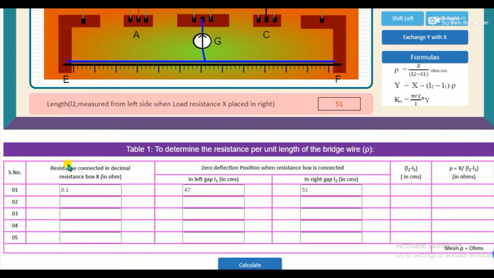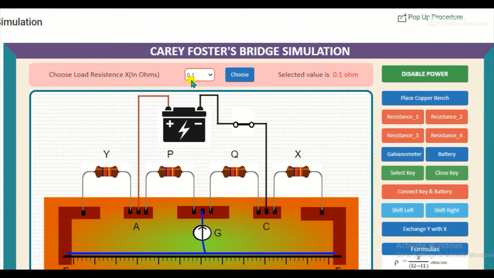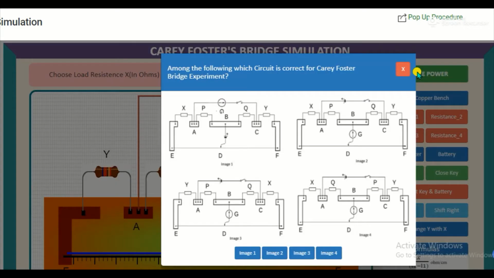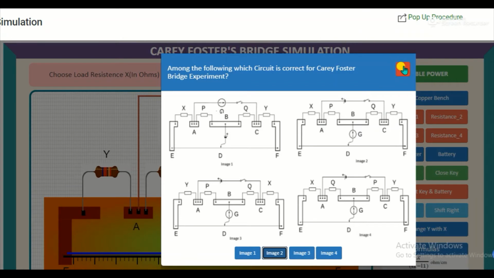Next we have to change the resistance. Now let us take the resistance to be 0.2 ohms. First we have to disable the power, then enable it again. Again we know that image 2 is correct, so it is the right answer. Now select the value of load resistance X. Click on OK.